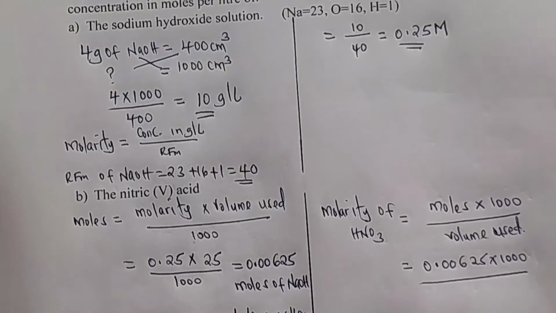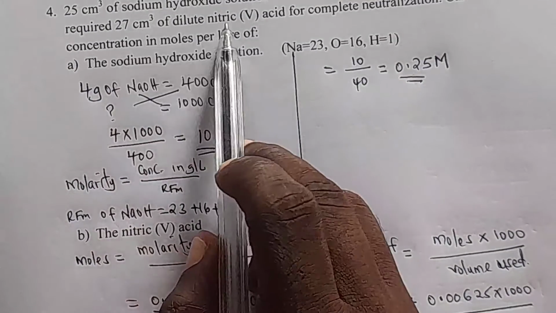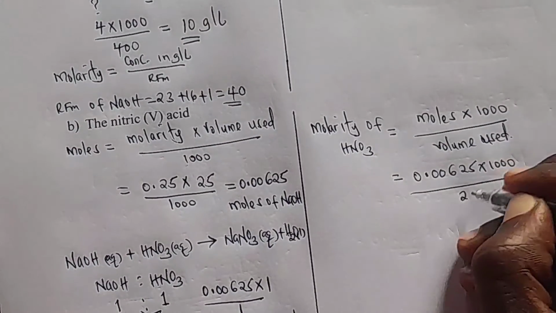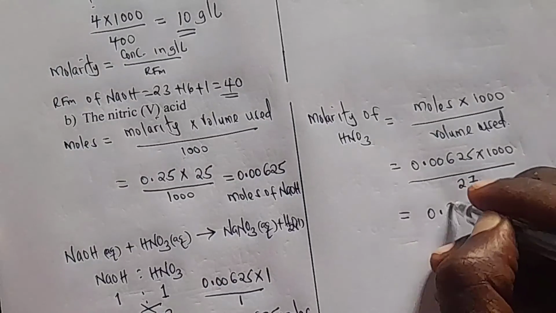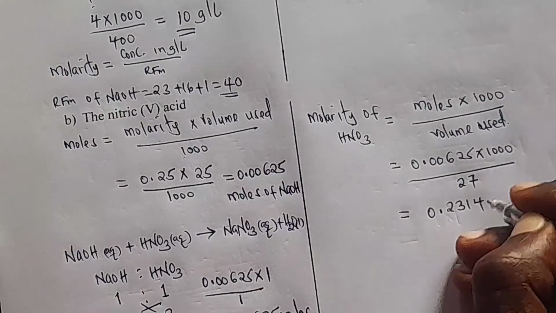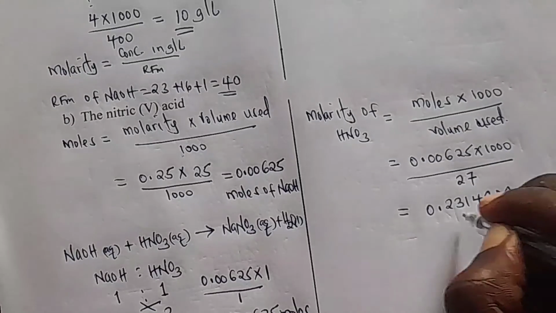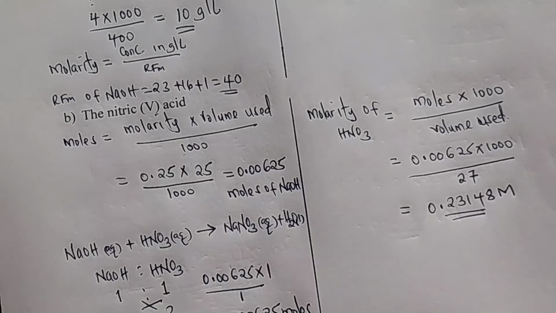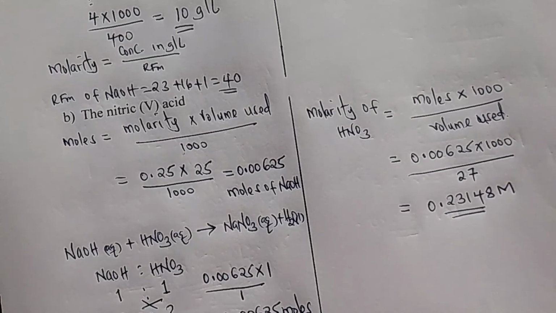What is the volume of the nitric acid? 27 centimeter cube of dilute nitric acid. So the volume will be 27. So here we are going to get 0.23148 mole, because I'm told to calculate the concentration of nitric acid in moles per liter, which means molarity. That is the end of our video.